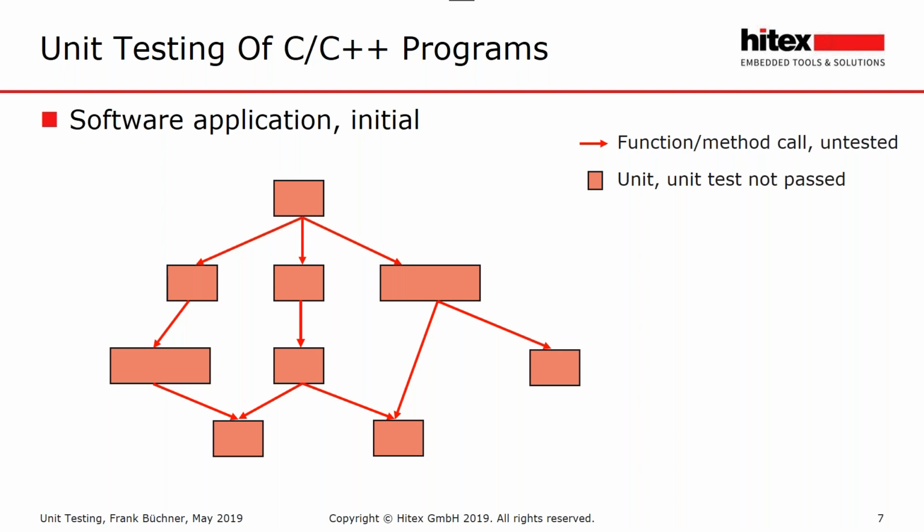To answer this, I pick a unit which has a calling unit above and itself calls another unit. So the question is, what does unit testing mean for the unit here in the middle of this calling hierarchy? And this is depicted on the next slide.